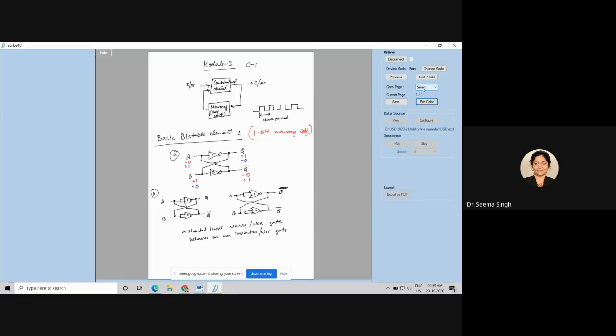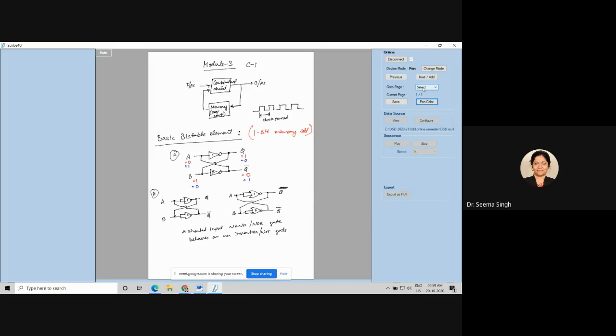Number 1, you will be doing SR latch using NOR gate. Then I will convert that SR latch in some form that it converts to a NAND gate, and then it is called S bar R bar latch. That will be your second circuit. First circuit is SR latch using NOR gate. Then second circuit will be S bar R bar latch using NAND gate.